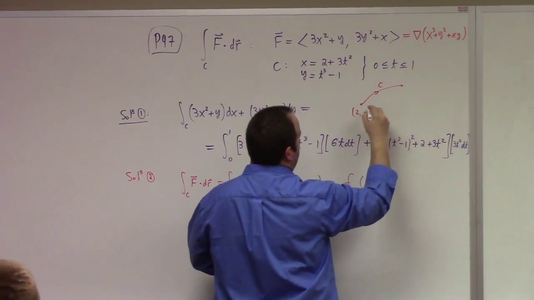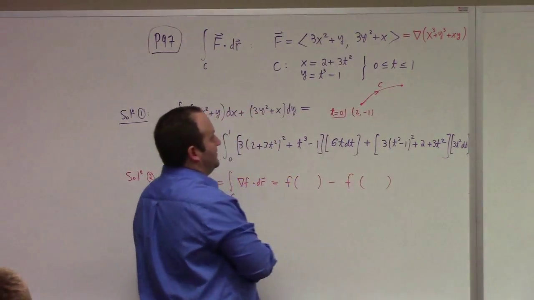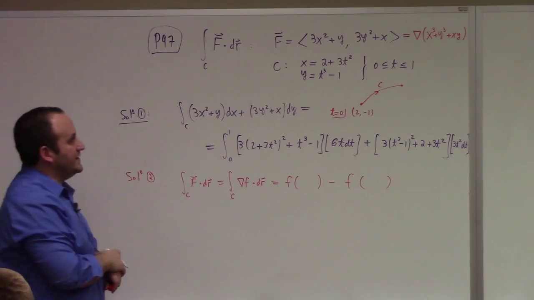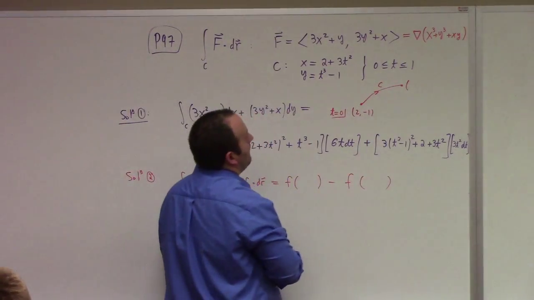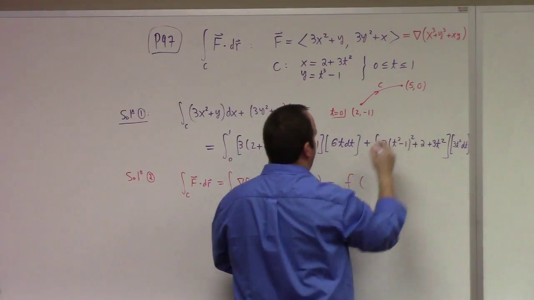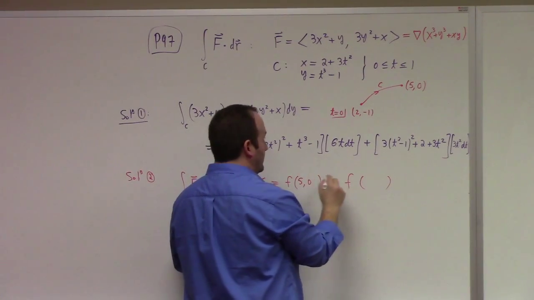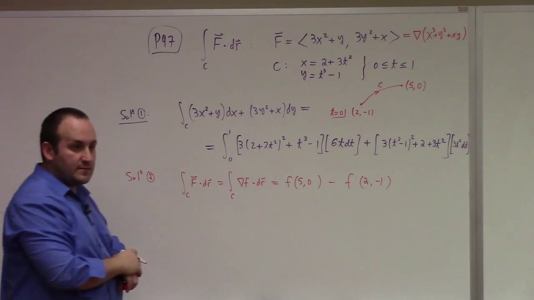What's t equals 1? How did I find that? I just plugged in t equals 0, right? Plug in t equals 1, what do you get? (5, 0), right? So that will be somewhat comforting that you can reproduce the 120 in this way.